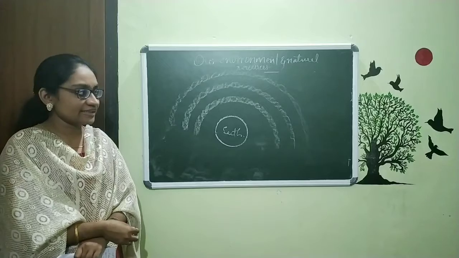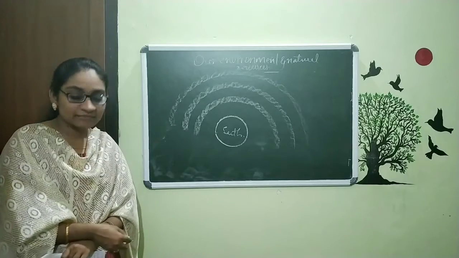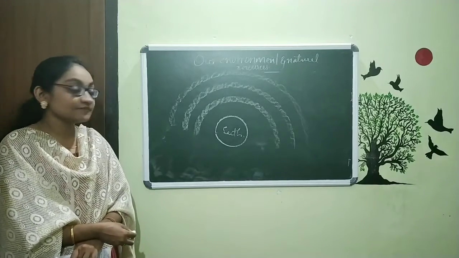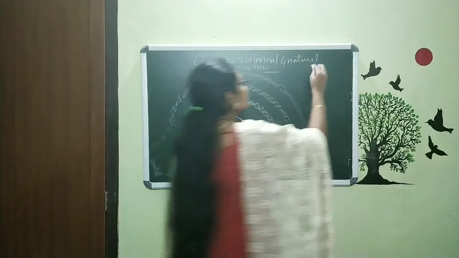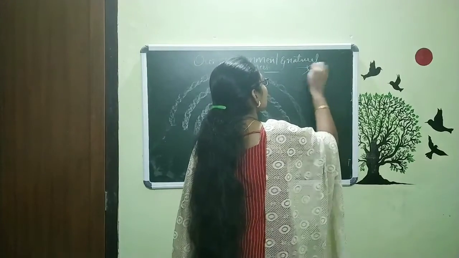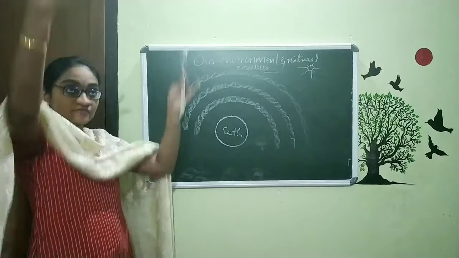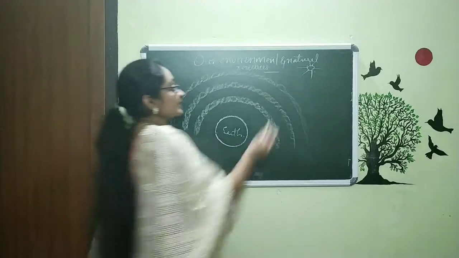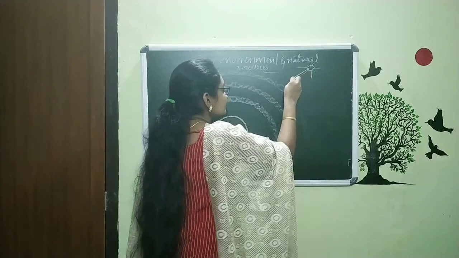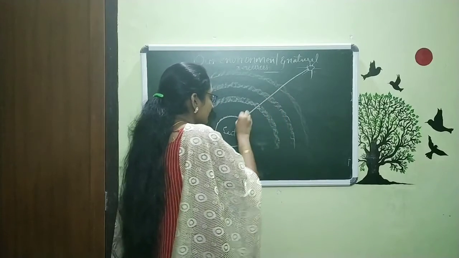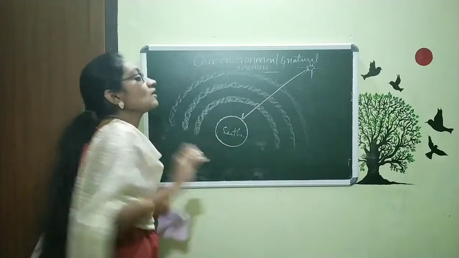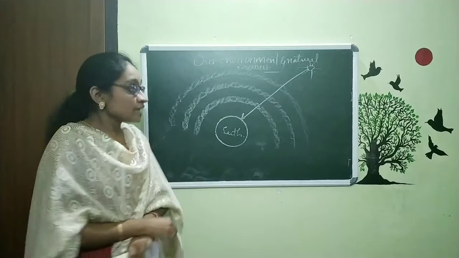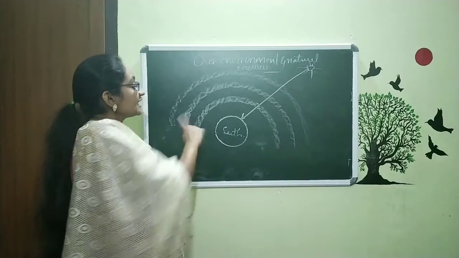We already studied the number of layers, their names and everything. And it is very simple. Our sun is located somewhere else in the sky, and it is very far. But the sun rays, the heat, come from the sun to our earth by passing through all these layers of atmosphere.